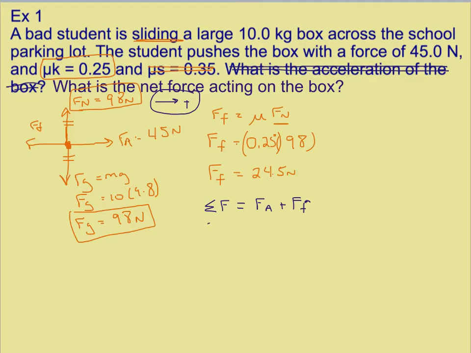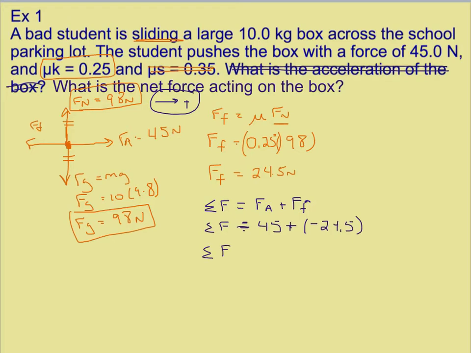So when I sub these numbers in, applied force is 45 newtons, friction is negative 24.5, and remember, it's negative because our positive direction is to the right.